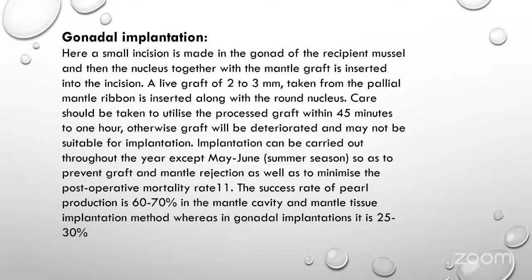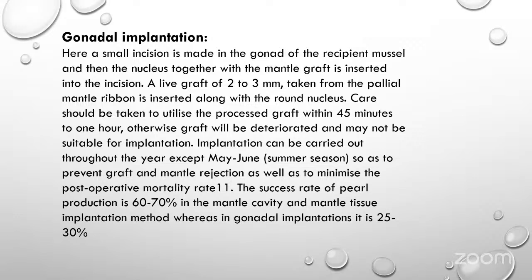Next is gonadal implantation. Here, a small incision is made in the gonad of the recipient mussel, and then the nucleus together with the mantle graft is inserted into the incision.